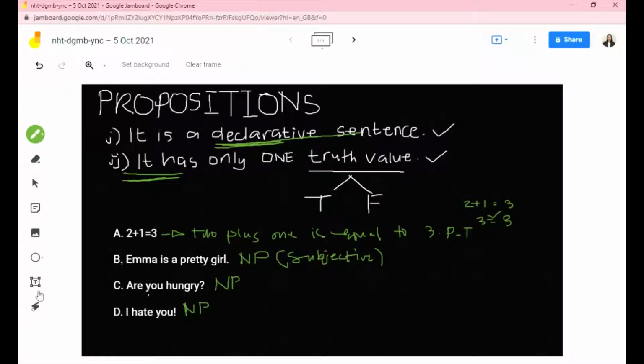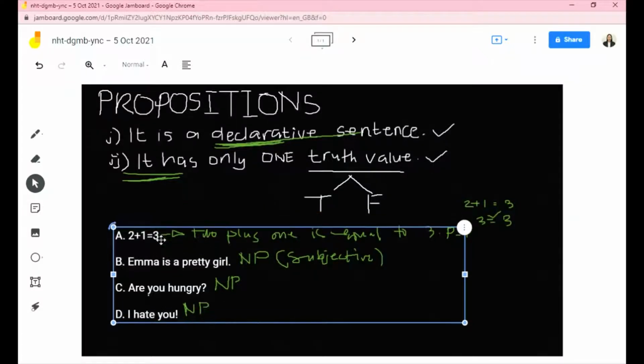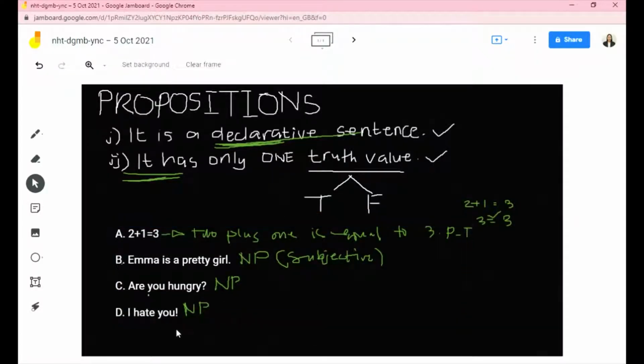Now let's have another example. Let me write it here. Statement E: x plus 1 is equal to 3.